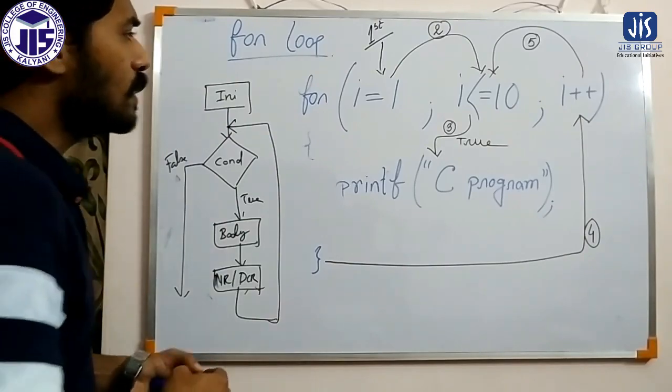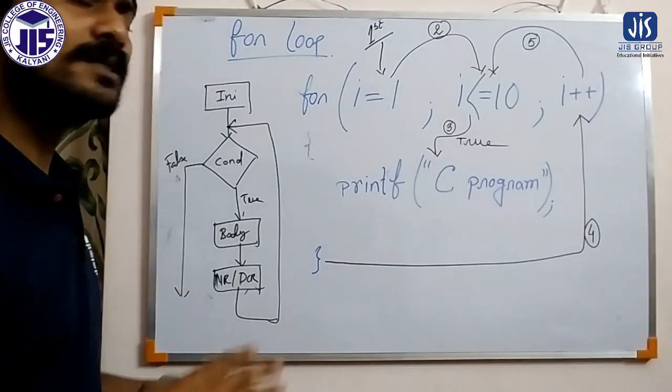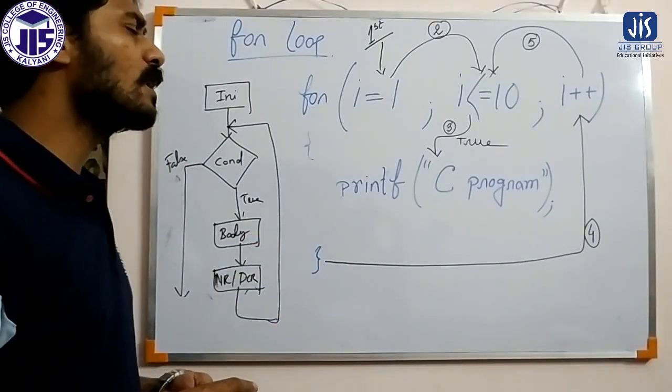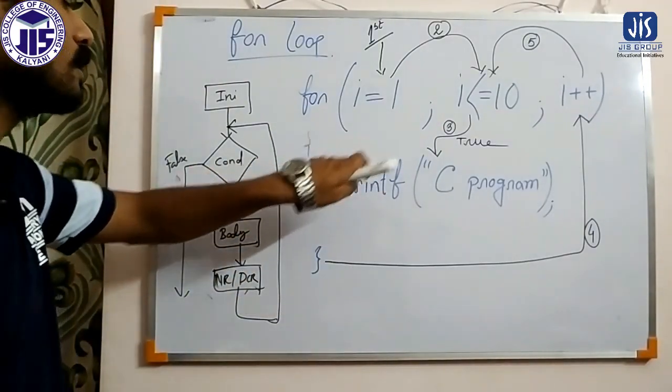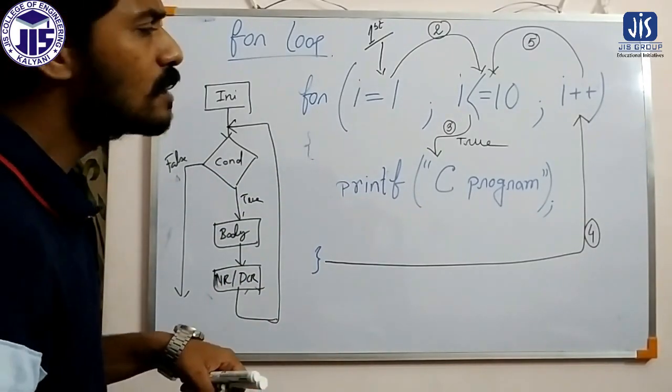Now, this declaration or the syntax of the for loop that we have written is a general format. Not necessarily always we have to represent the for loop in the similar format. We can write the for loop in a separate manner also.